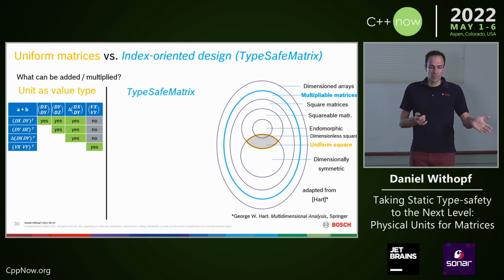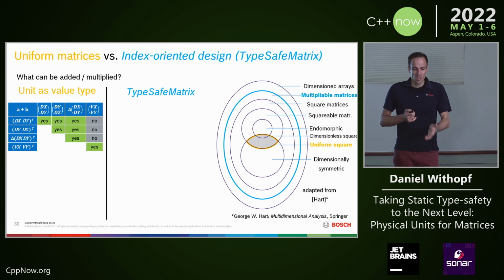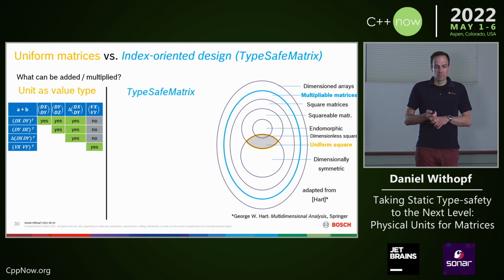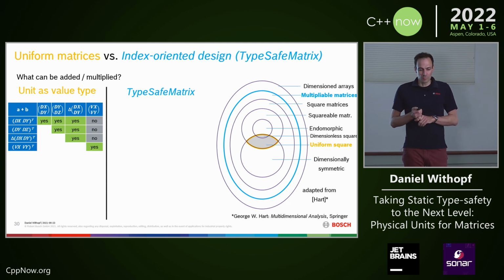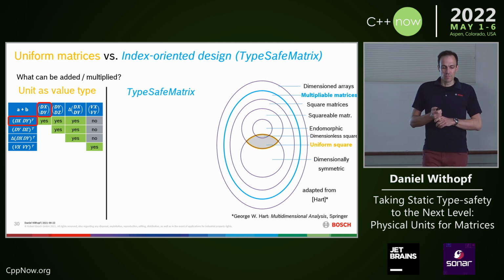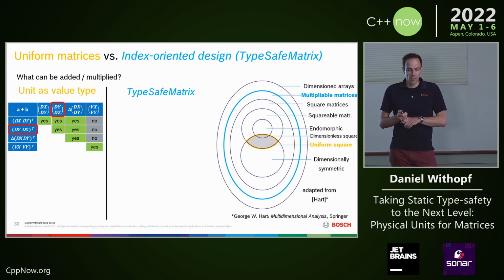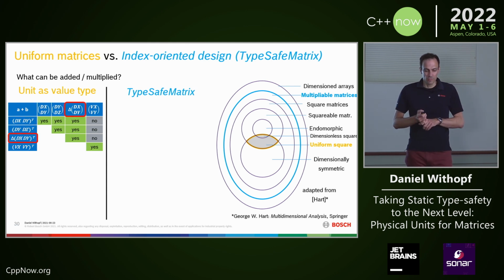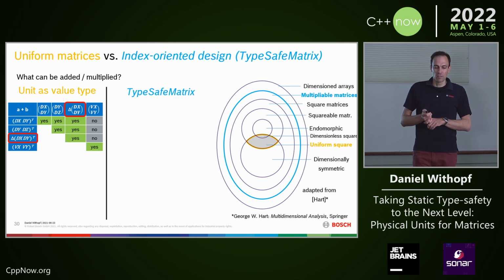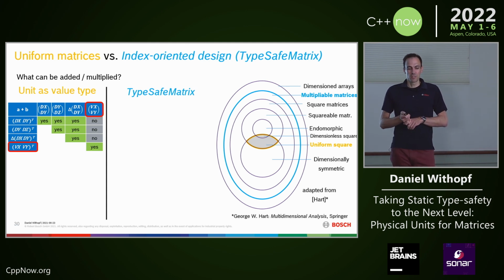So on the left-hand side, the unit as value type approach. And here in the table, we'll add two vectors A and B. The different options that we have are an xy point or position vector, a yz position vector, an xy displacement vector, and an xy velocity vector.